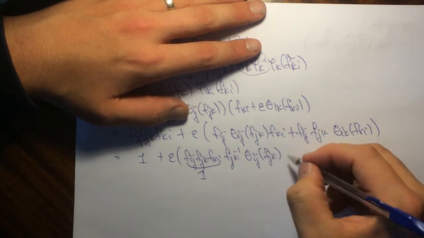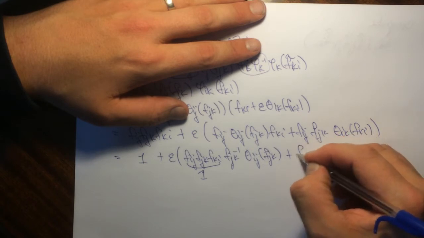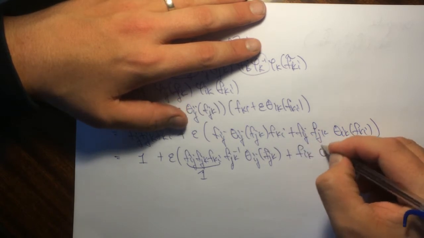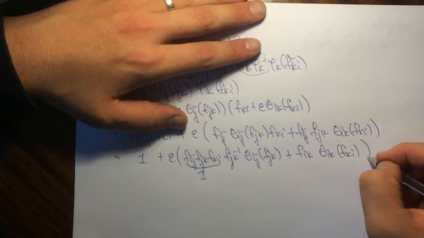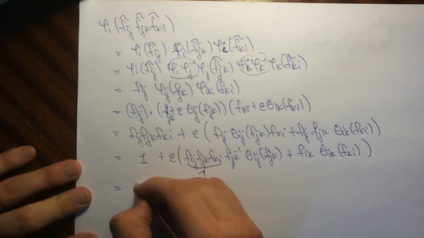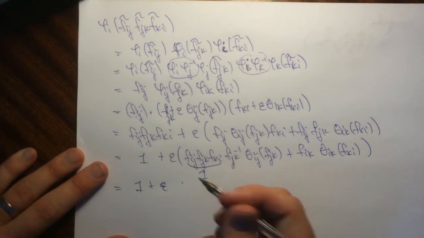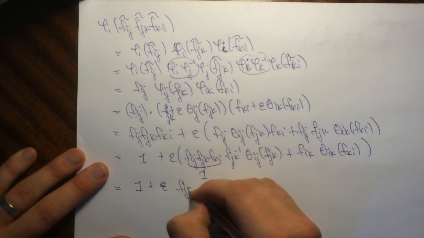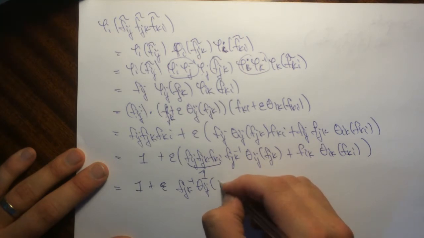Okay, plus, and then here fij fjk. This is fik theta ik fki, like so. Okay, so let's write this out. Let me just clean this up. Epsilon. So here we have fjk inverse theta ij fjk.